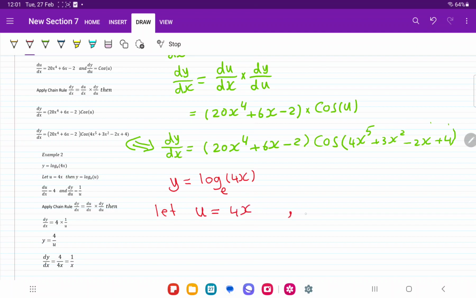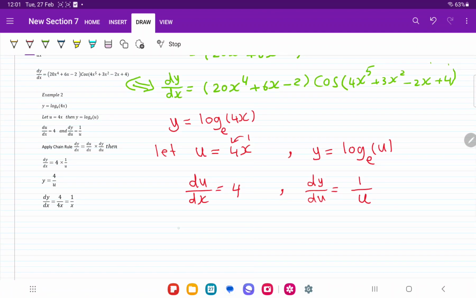So if that's u, then y should be equal to log base e of u. We're going to differentiate u over dx. Again, there's 1 here. 1 times 4 will give us 4, and the x will cancel. And if we differentiate y over du, the answer is 1 over u from the table of differentiation.